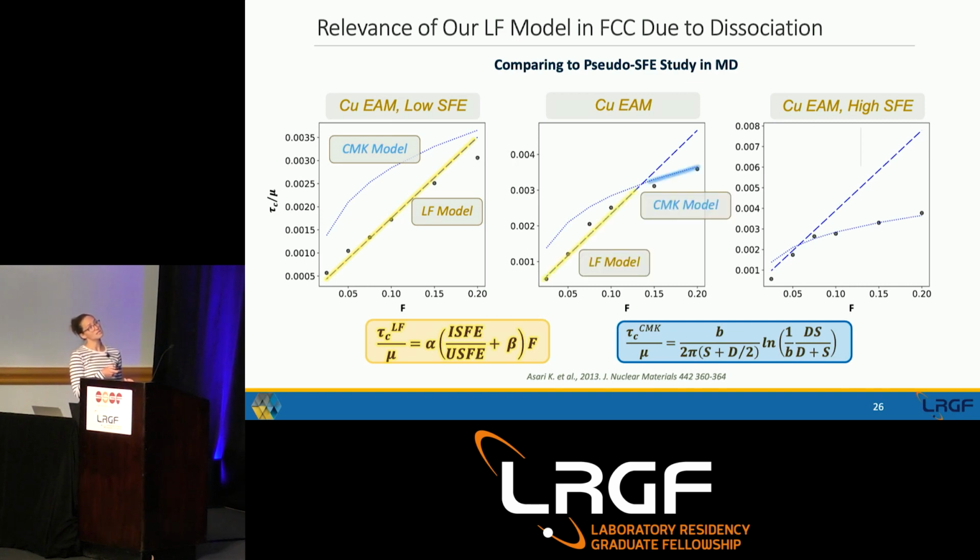As we increase in stacking fault energy, our linear fraction model still is arguably the most accurate model, and only at high stacking fault energy materials, which is much closer to our undissociated case because our leading and trailing partials are very close together, does the analytical model start to win out. So I just want to point out here, for application, that austenitic stainless steels hover between these two cases, and copper is this case here.